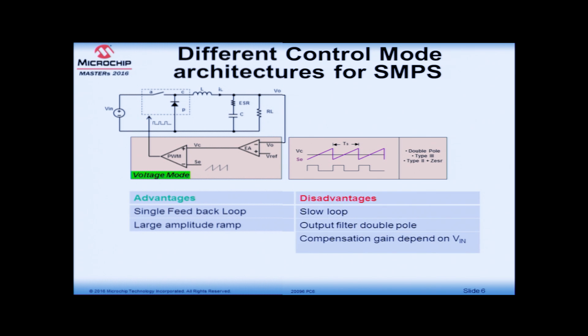Because of that, the loop is very slow, and there is an output LC double pole. This adds 2 poles that give the output response a 180 degree phase shift. We need to compensate for that double pole, so we need type 3 compensation, which means more equations and more analysis. We need to place the poles and zeros with respect to the double pole whenever we change the filter or output capacitor.